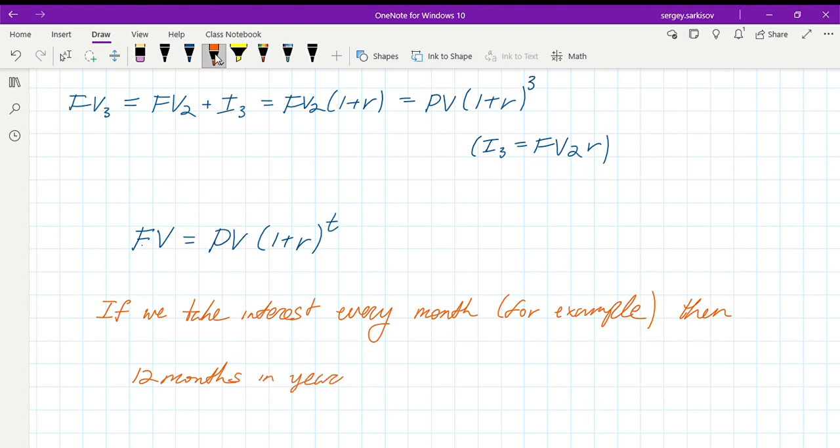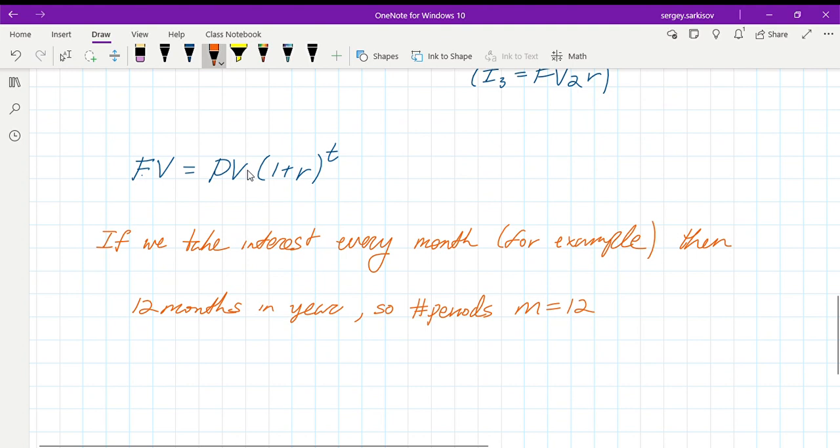And so let's call M the number of periods. So let's call it the number of accumulation periods, or the interest periods. Call it M, is equal to 12. So how many per year, right?